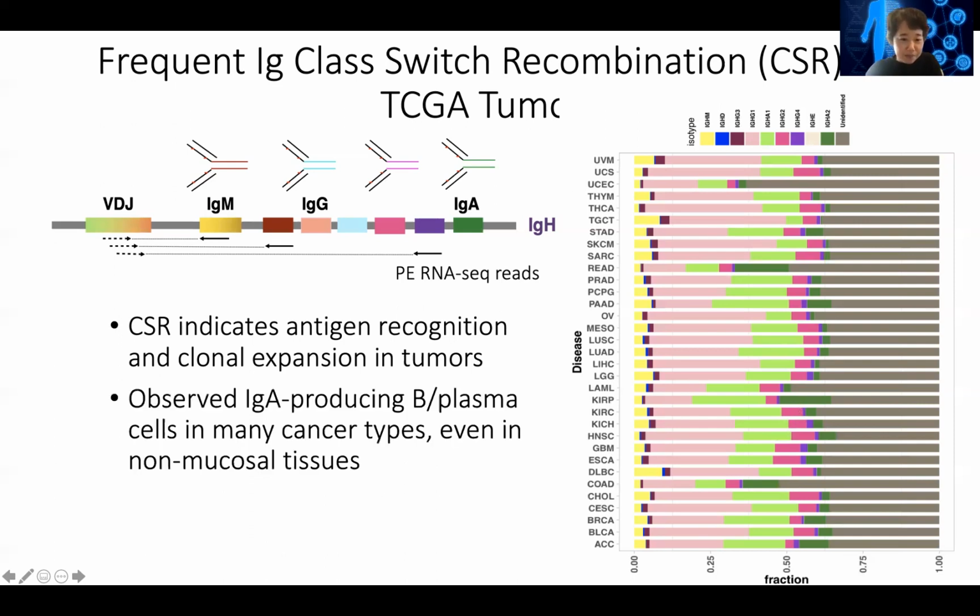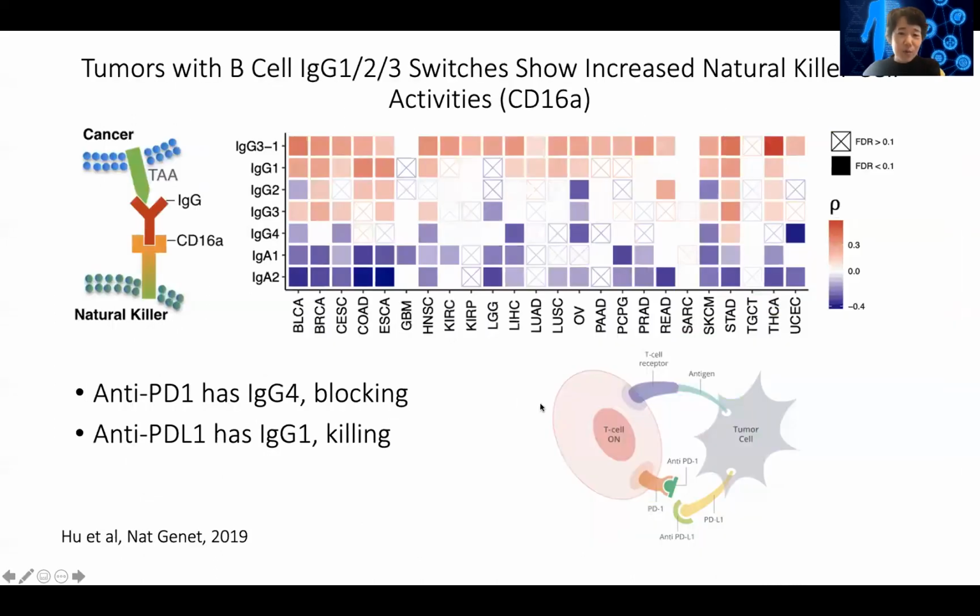In these non-mucosal tissues, we ask, what are the antibodies really doing in here? People mostly believe that IgG1, 2, 3 are good. Towards the later half, when the antibody is growing older, especially IgA1 and IgA2, they actually have negative signals.